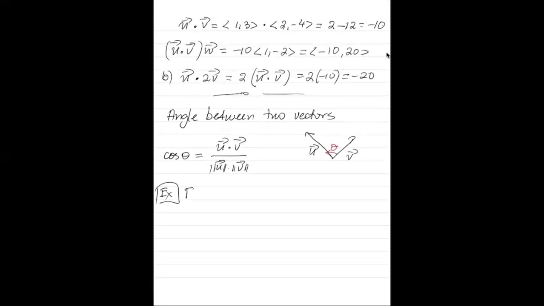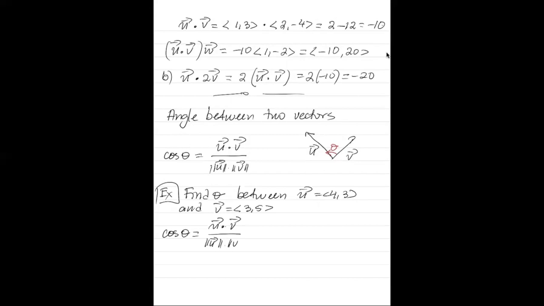Let's have an example. Find theta between vector u with components 4, 3 and vector v with components 3, 5. First we're going to find the cosine of the angle. Let's write down the formula. This is the dot product, and here, on the denominator, this is a regular product because those are numbers.